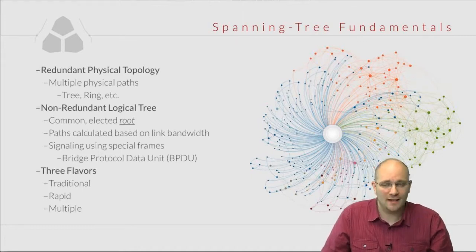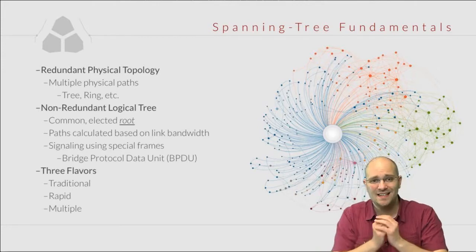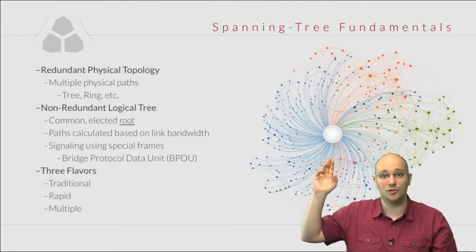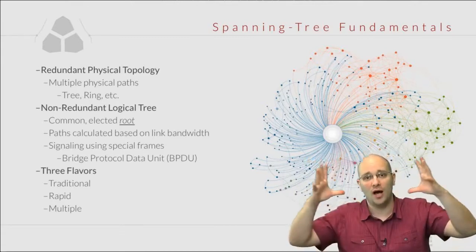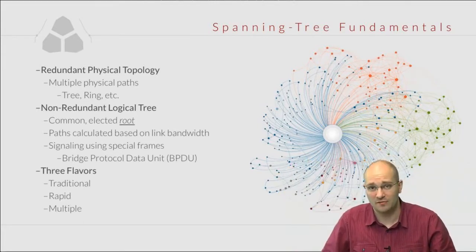In order to do that, spanning tree needs to elect a root bridge in our network. The root bridge will be the bridge that sits in the center of the network, not unlike the picture that you see behind me, and from this root all other switches can be reachable in a loop-free fashion.